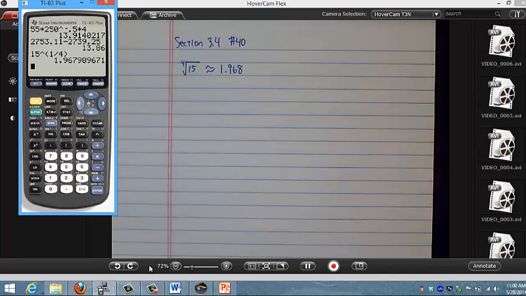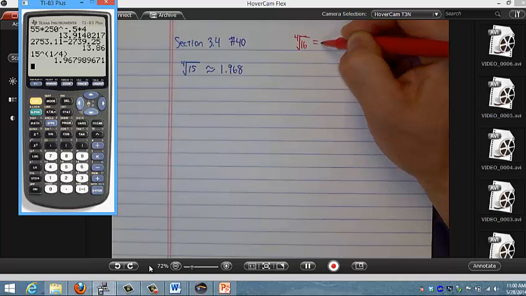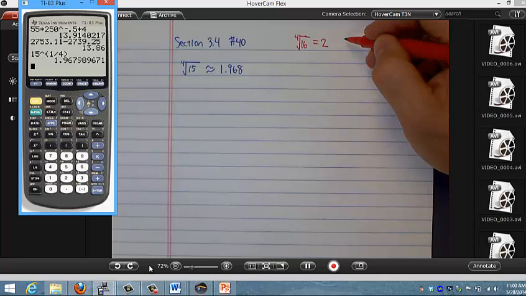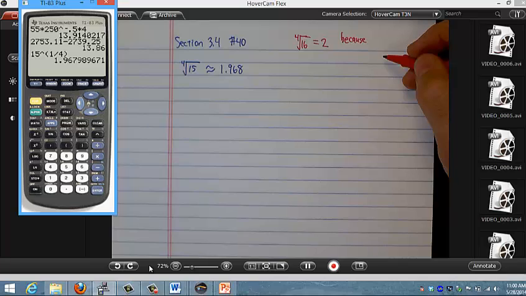See, when I try to explain that to somebody, here's how I explain it. The 4th root of 16 equals 2. Okay, that's a fact. Because, do you know what I would tell someone? Right, 2 to the 4th power.